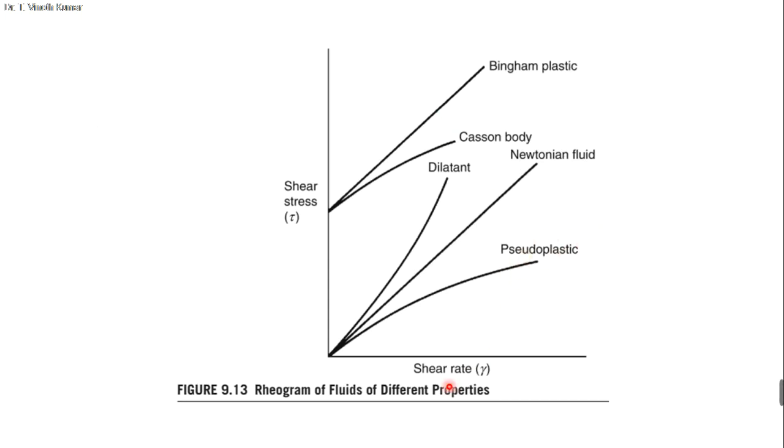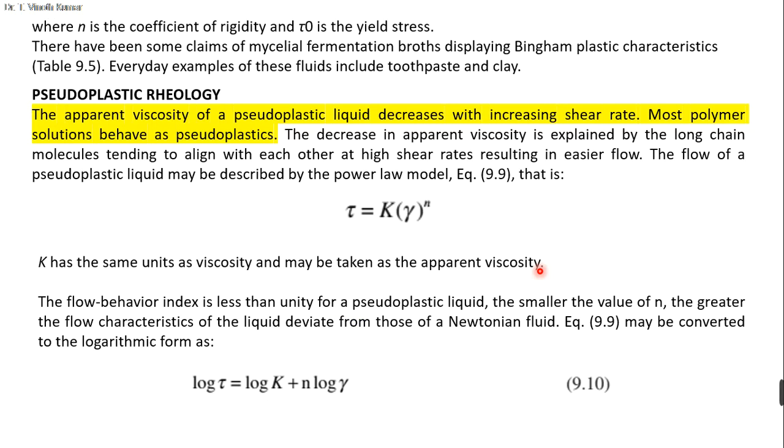That means by increasing the shear rate, the shear stress is also increasing, but only very slightly, not like a Newtonian fluid, where there should be a proportional increase in both shear rate and shear stress. In this case it is less. That is why we have another logarithmic form to equate this with a Newtonian fluid, and K has the same unit as viscosity.